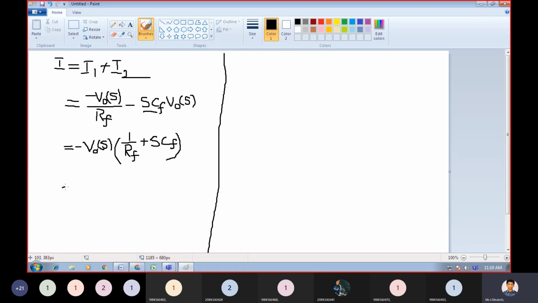Then simplify the above equation. Minus V naught of S, minus V naught of S times (1 plus SCF RF) divided by RF.